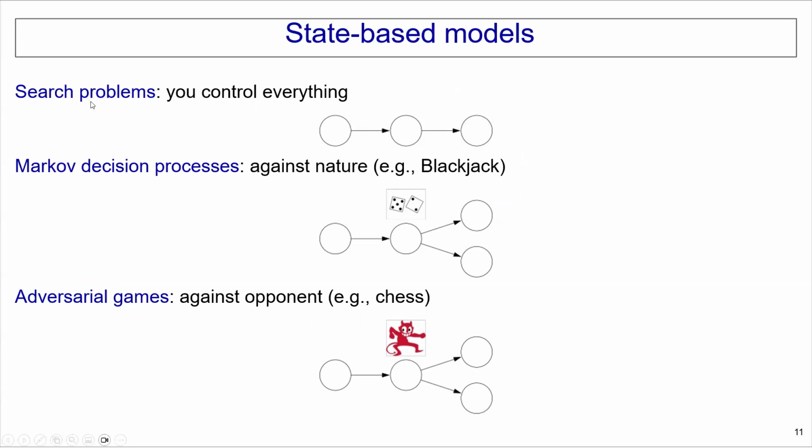So we also have Markov decision processes, which handle situations where there is randomness. An example would be blackjack. Then we are also going to discuss adversarial games. As the name suggests, they handle tasks where there is an opponent who is working against you. A very good example is chess.